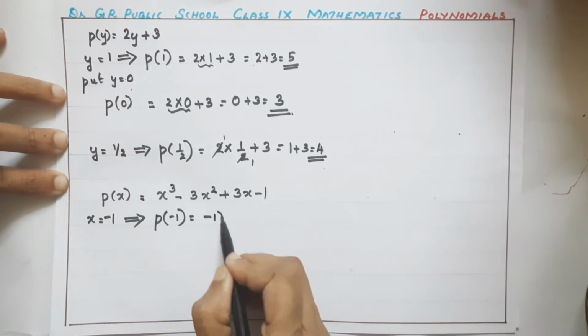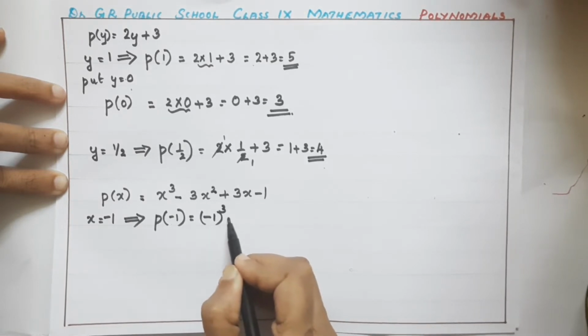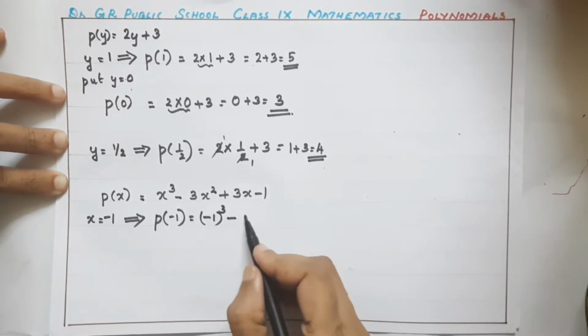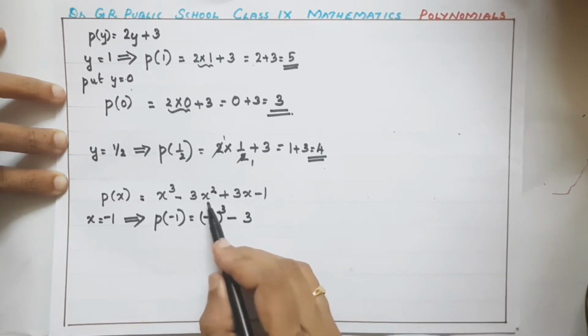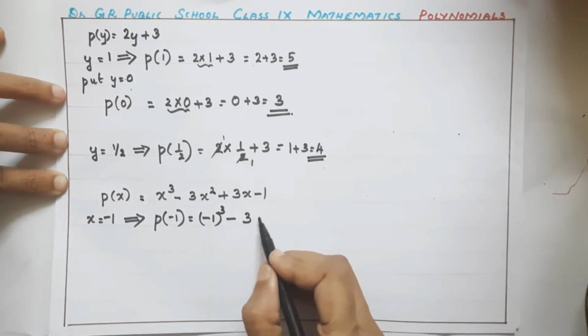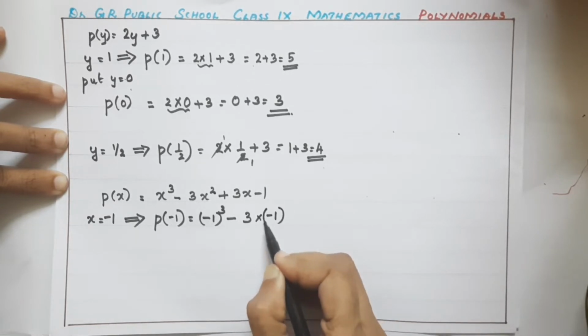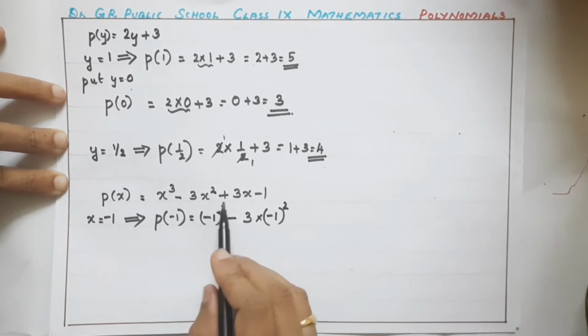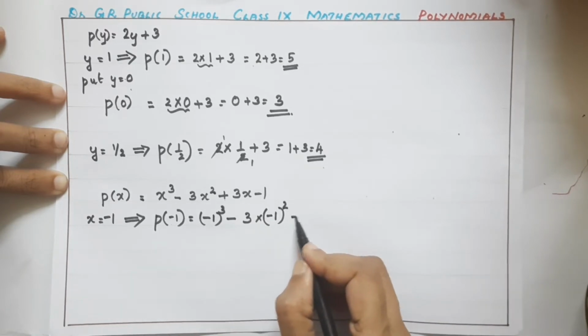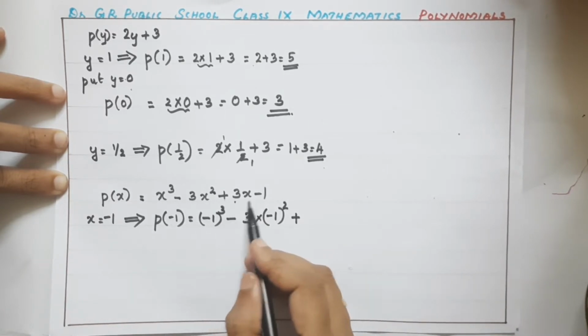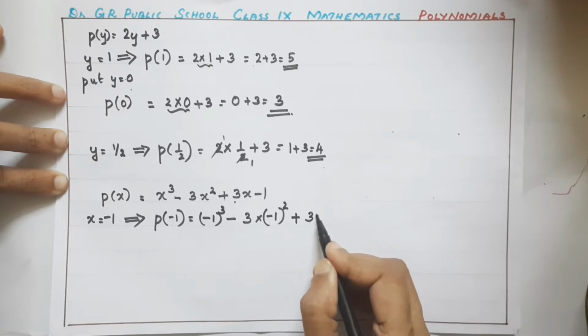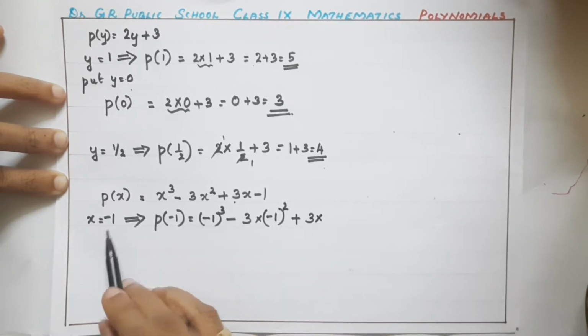So minus 1 the whole cube, minus. Here we have 3, then x square. X square means minus 1 the whole raised to 2. Then we have plus. Third term is 3x. So 3 multiplied by what is the value of x?